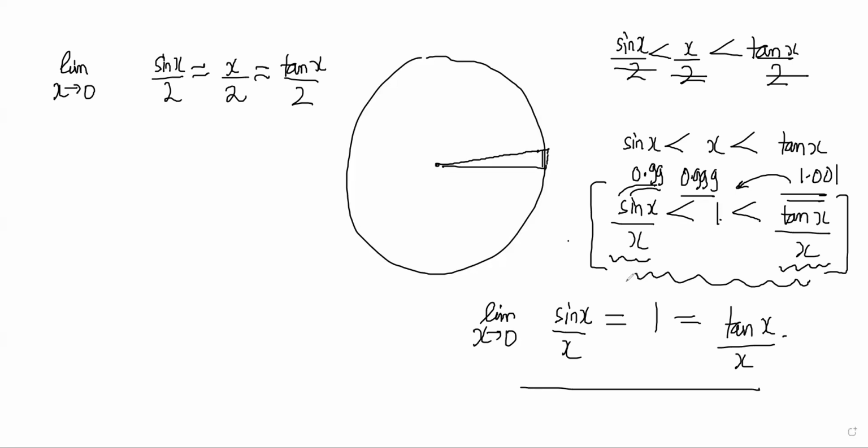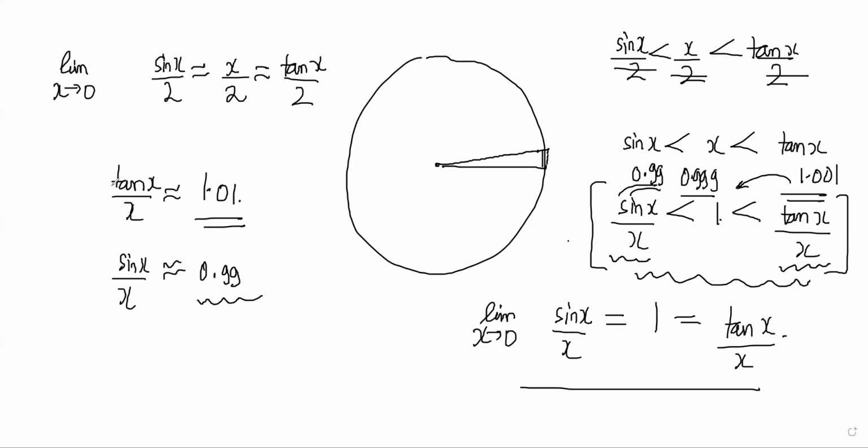Yes, sir. So for an angle x that is not 0 but close to 0, sine x by x should be not exactly 1 but close to 1 from below, something like 0.99. And tan x by x would be not exactly 1 but close to 1 and something above it, right?